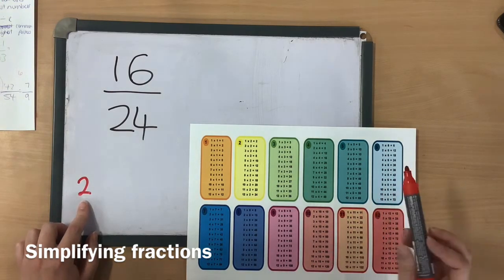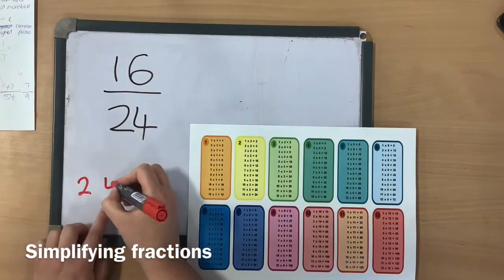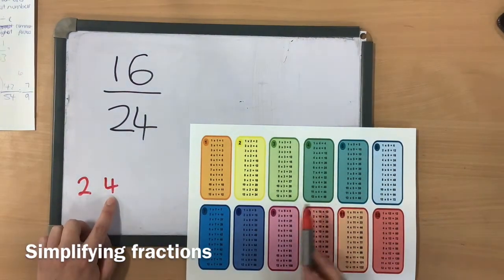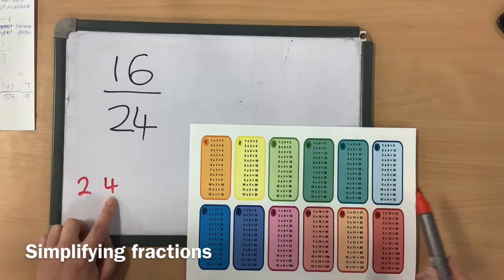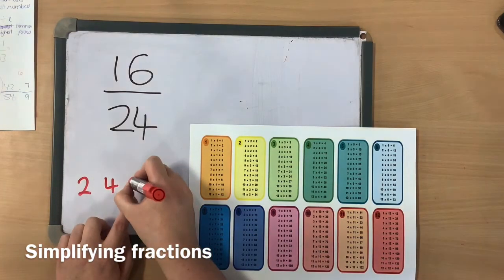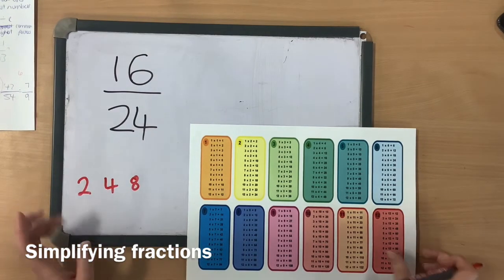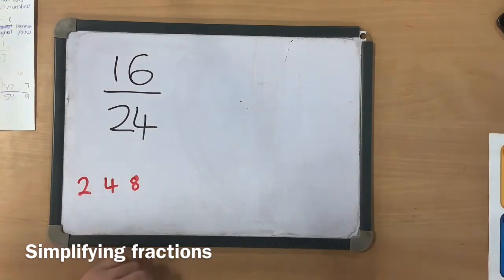Also in the 4 times table, once again 4 is higher than 2 but still not particularly high, so I'm going to continue looking through. And the 8 times table, because 3 times 8 is 24 and 2 times 8 is 16. So my highest common factor is 8.